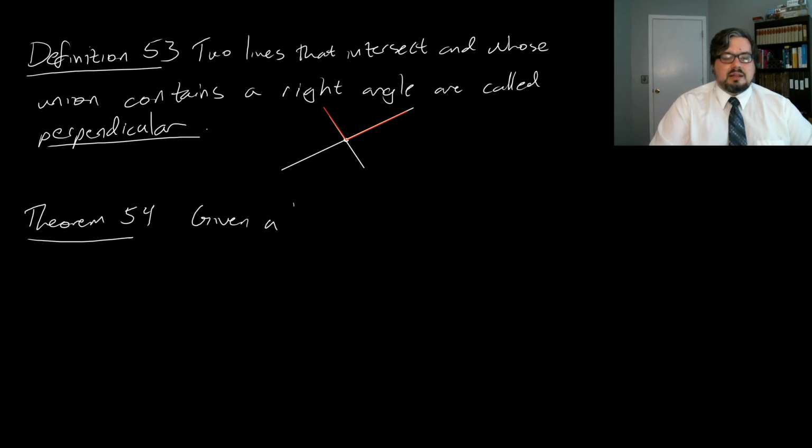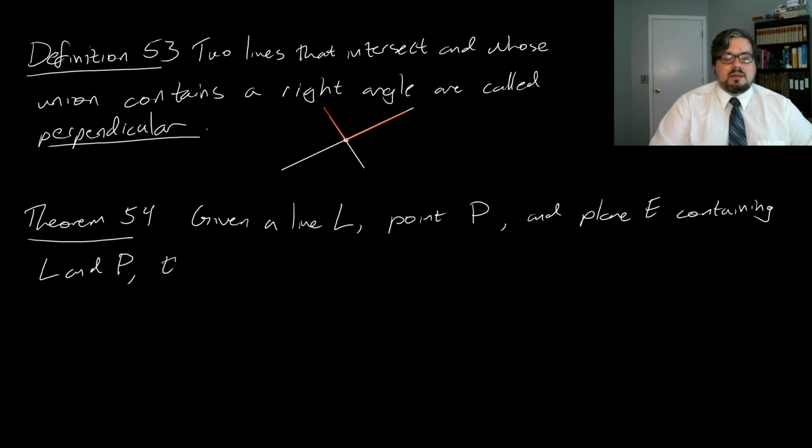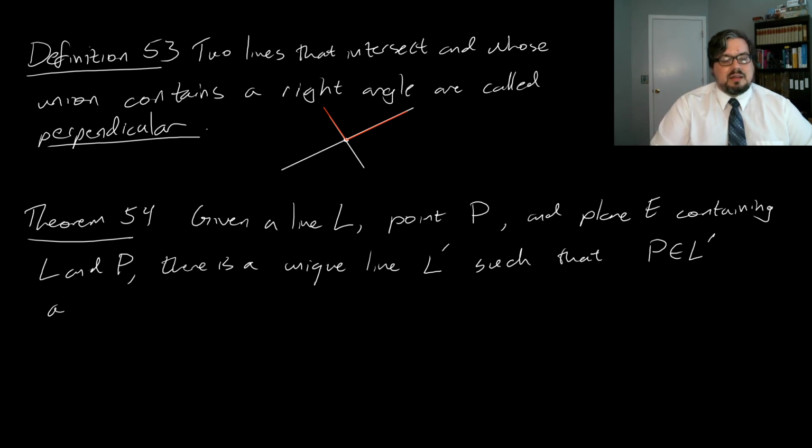Given a line L, point P, and plane E containing L and P, there is a unique line L prime such that P is in L prime and L prime is perpendicular to L. Oh, I forgot to note in the definition above the notation.